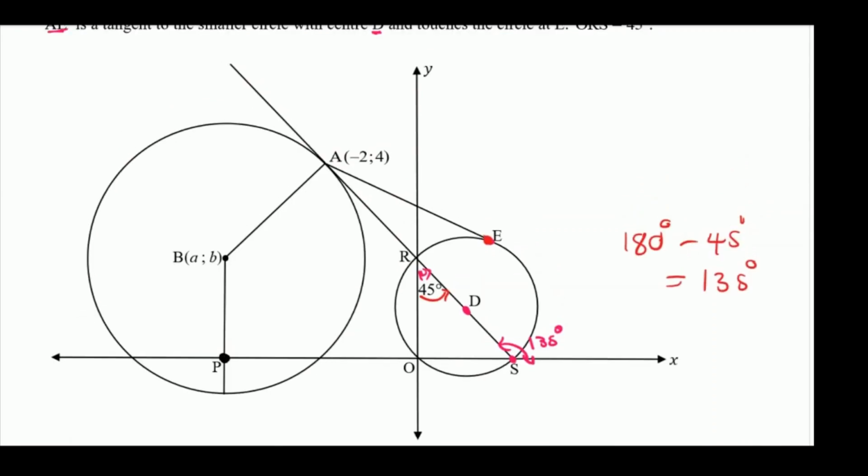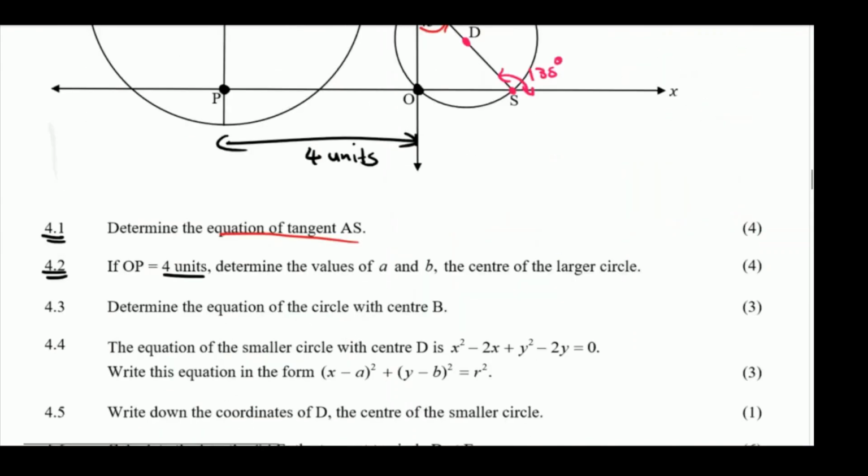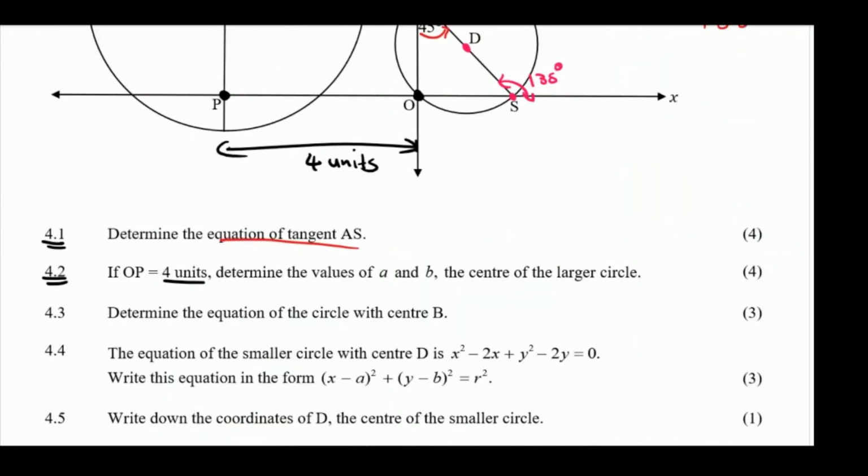This point here, from here to the origin, the distance is 4 units, right? Okay, cool. Determine the values of a, b, the center of the larger circle.